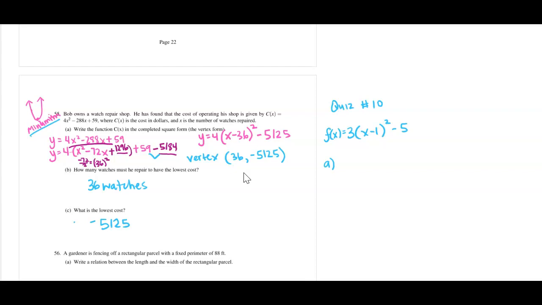So to do this, if you use the quadratic formula, you had to FOIL this out, right? And then distribute the 3 through, and make sure that you include that 5 there. Sometimes the radicals might look a little different.